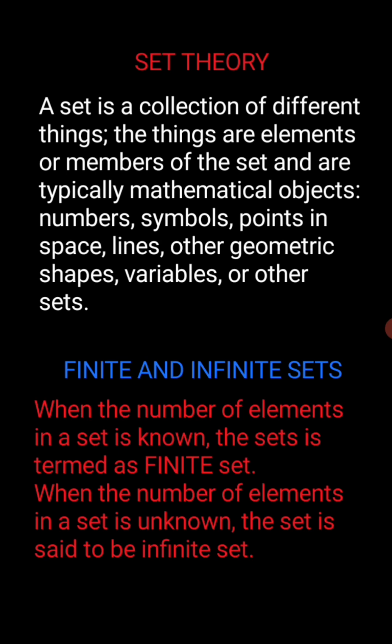For example, a set of even numbers from 1 to 10 is a finite set. Why is it finite? Because the set of even numbers between 1 to 10 is countable.